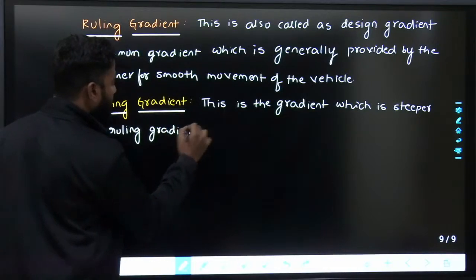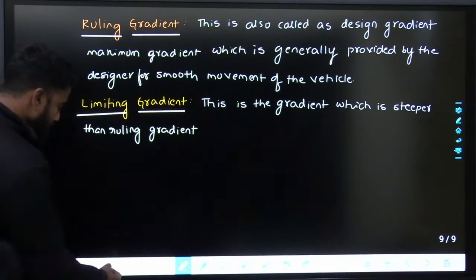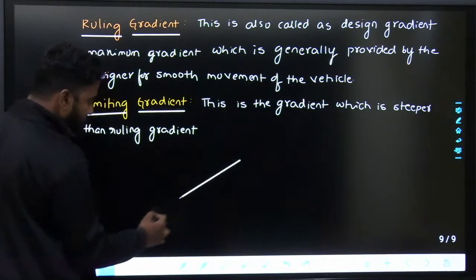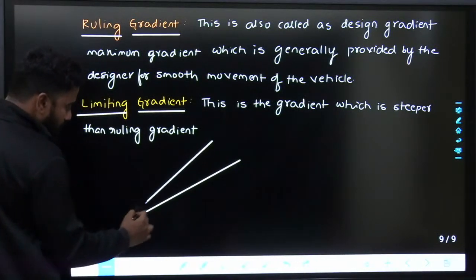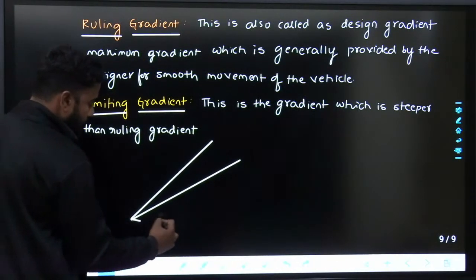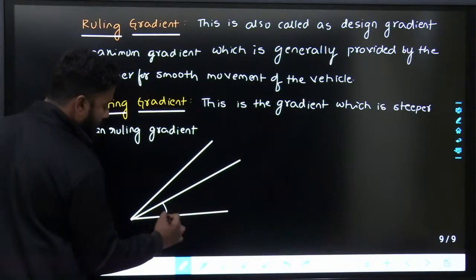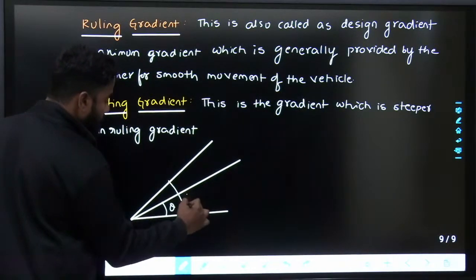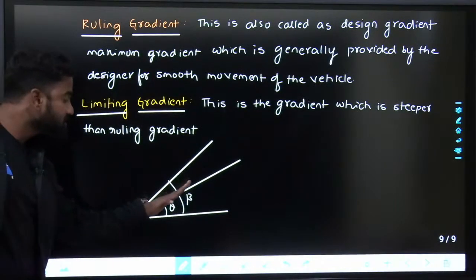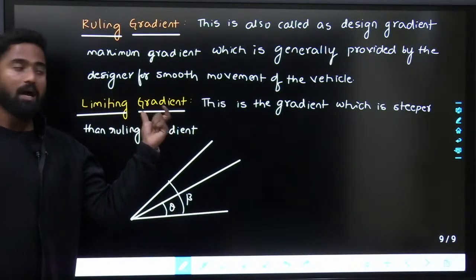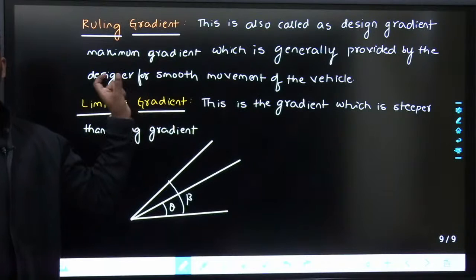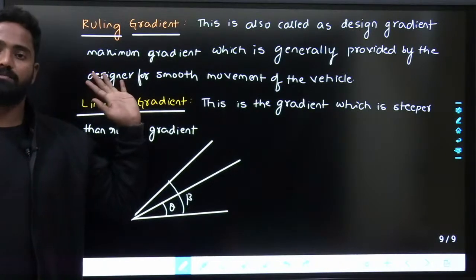Steeper means slope is more. If theta is the ruling gradient, then beta is the limiting gradient. It is steeper than ruling gradient and it is provided in unavoidable situations.